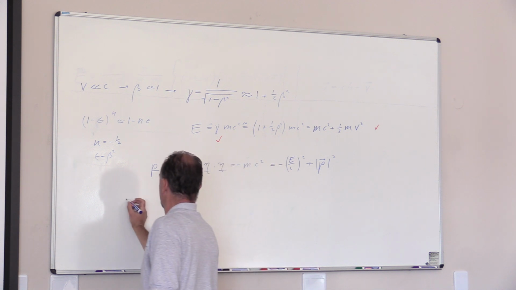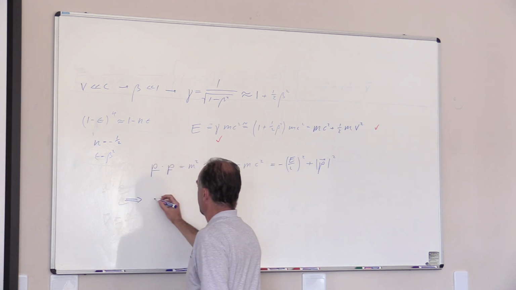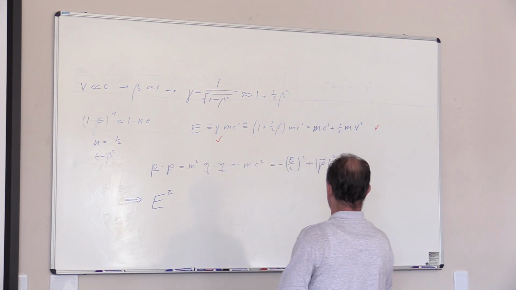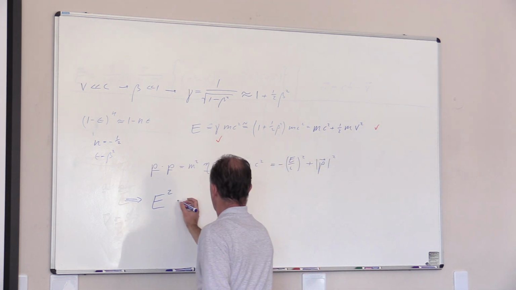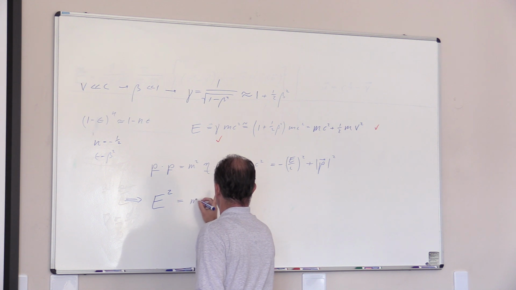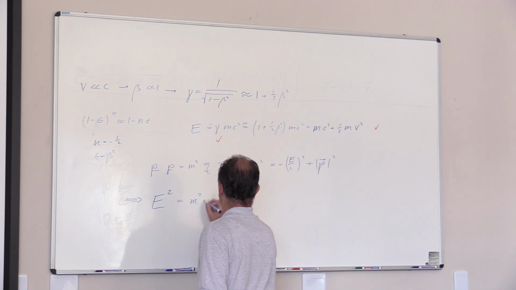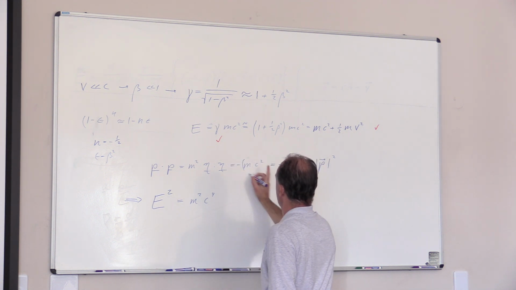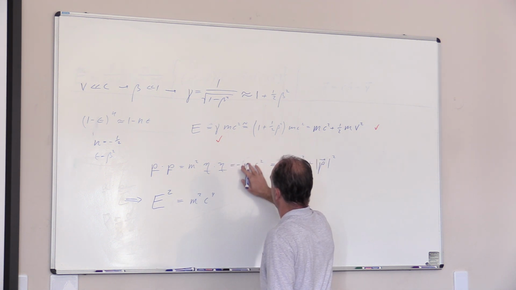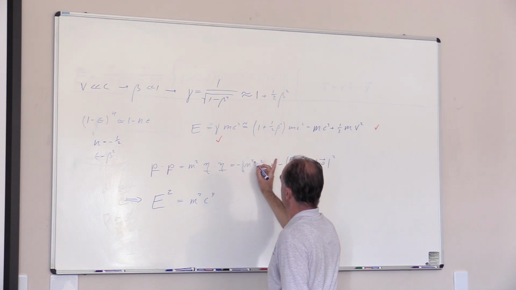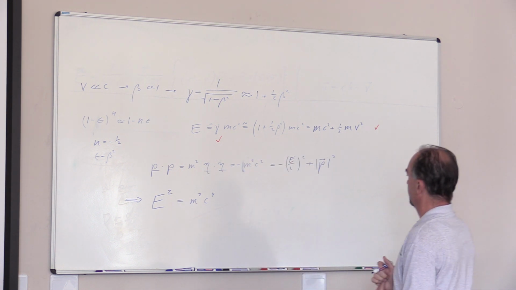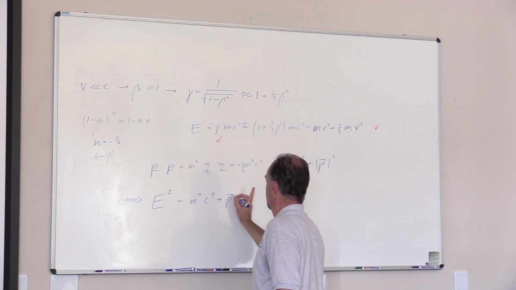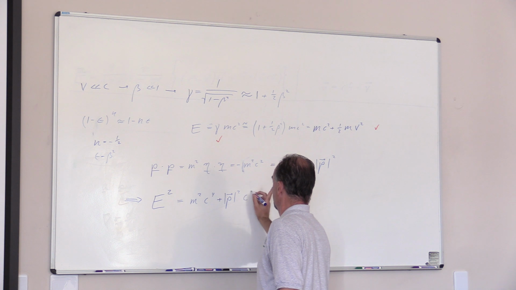Or we can write something that we call a dispersion relation that gives you the energy of a particle as E squared equals m squared c to the 4th plus p squared c squared.